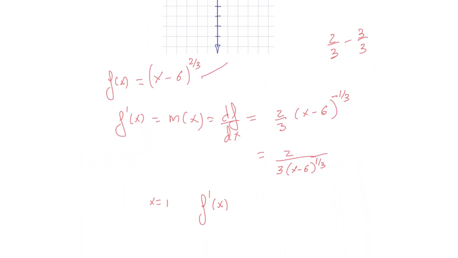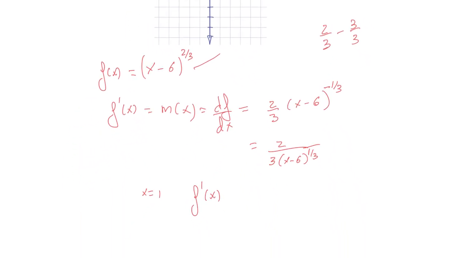And what is the value of the slope? f prime evaluated at the point 2 is 2 divided by 3 multiplied by the cube root of 2 minus 6, which is minus 4. The cube root of minus 4 is a negative number. So the slope is negative.